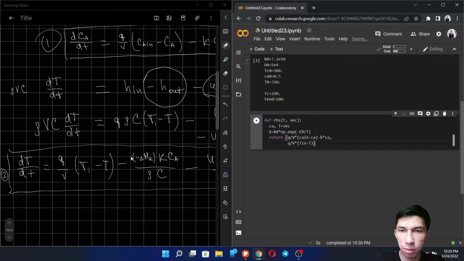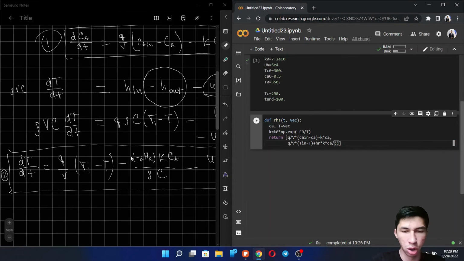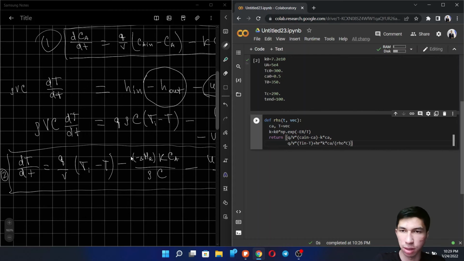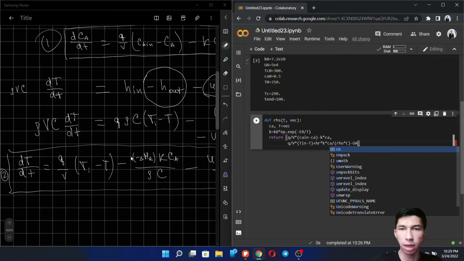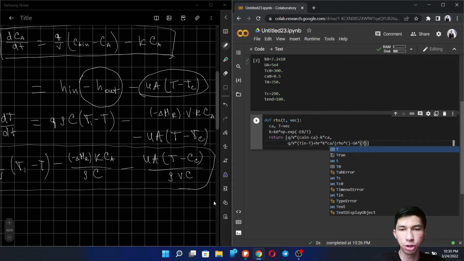So it is going to be positive HR times k times concentration of A divided by rho times heat capacity. And it's going to be negative UA times temperature. Oh, here I made a silly mistake.